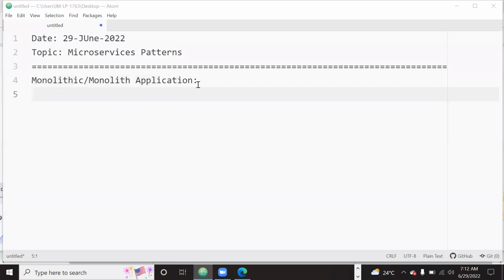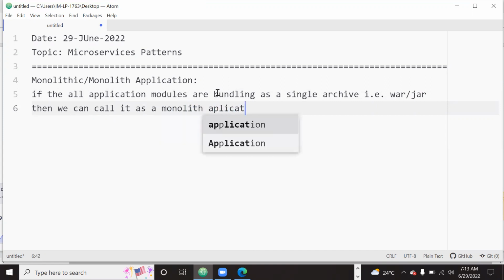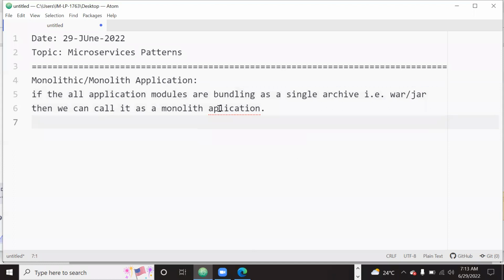What I'm saying is, if all the application modules are bundled as a single archive, that is war or jar, then we can call it a monolith application.